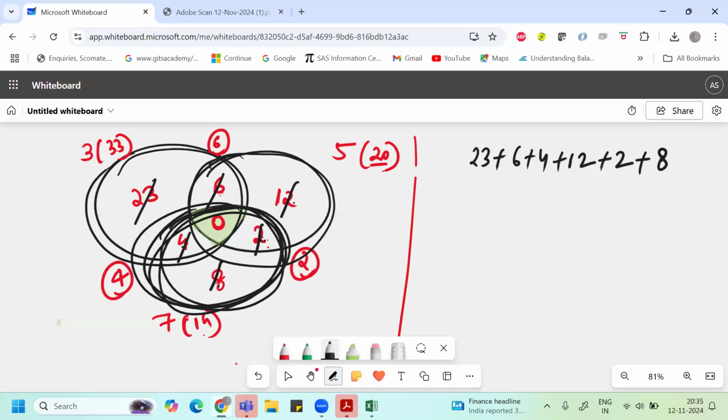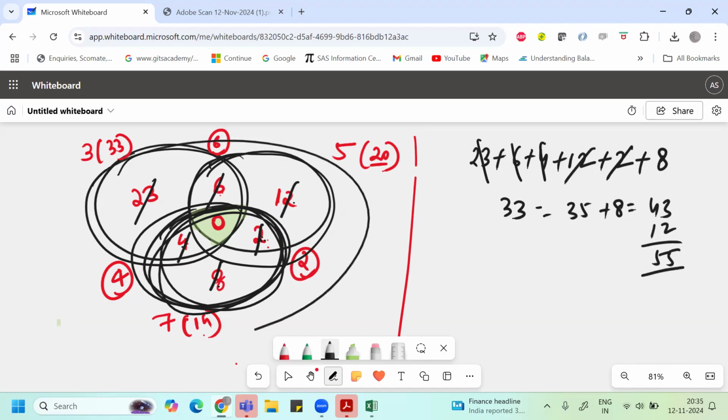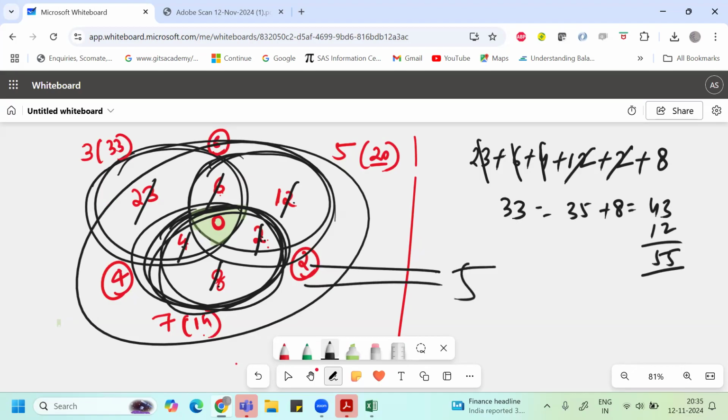So if I do this, this is 10. 10 plus 23, 33. 33 plus 2, 35. 35 plus 8, 43. 43 plus 12, 55. So how many elements are there altogether? Altogether 55 elements are there. So from 1 to 100, how many numbers are divisible by either 3 or 5 or 7? The answer would be 55.